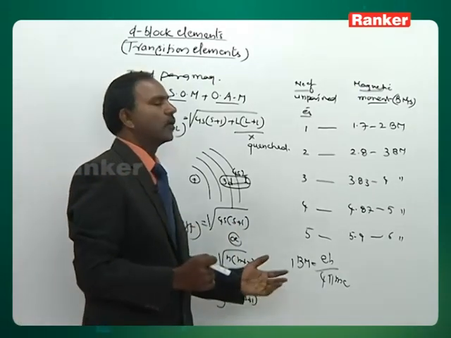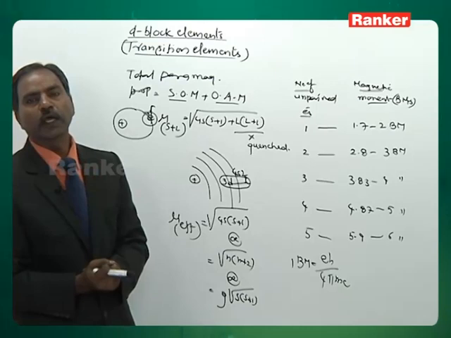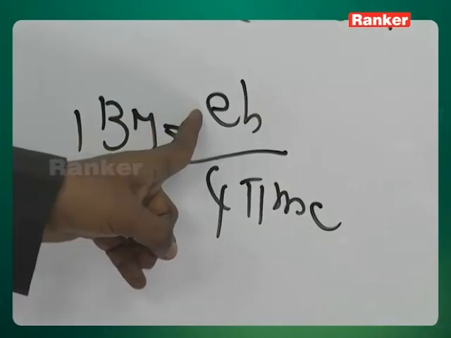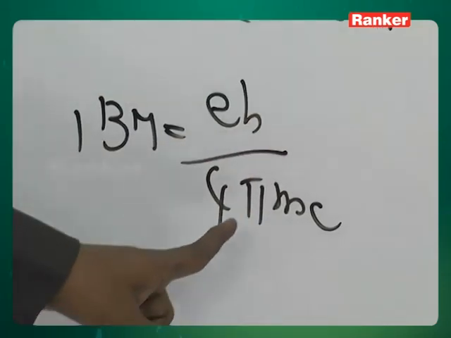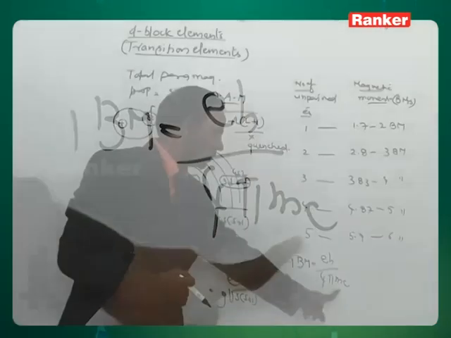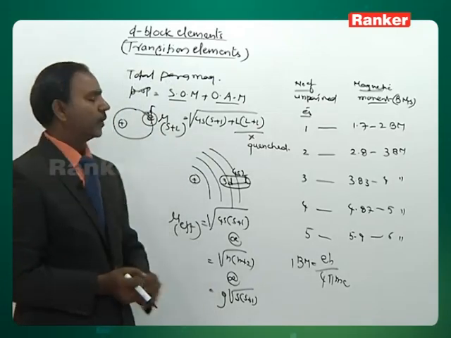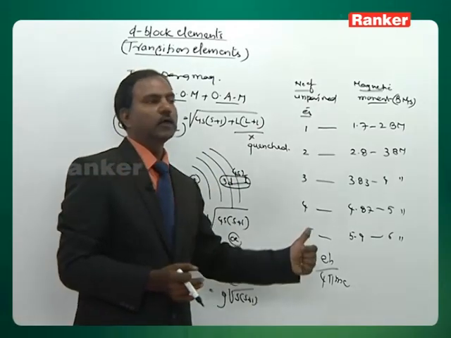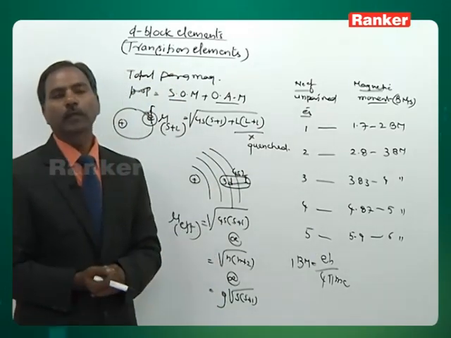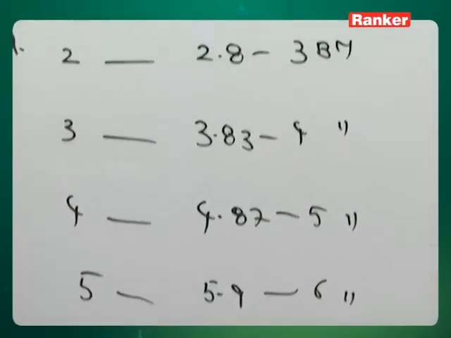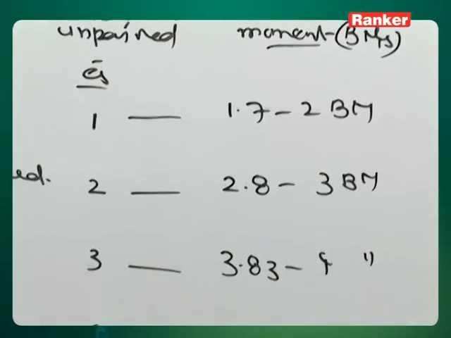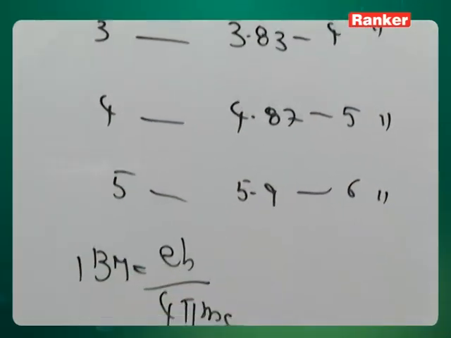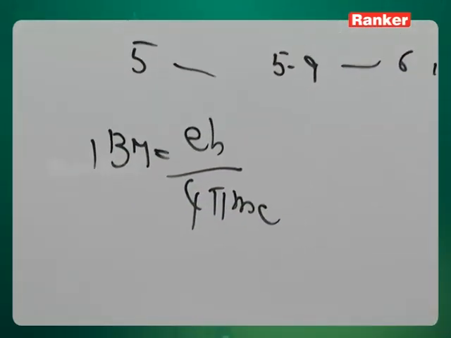Simply write 1 BM is equal to eh by 4 pi mc. e stands for electronic charge, h stands for Planck's constant, m stands for mass of the electron, and c stands for velocity of light. If you substitute all these values, that will give the value for 1 BM.